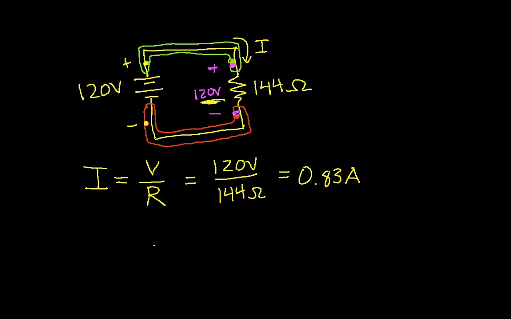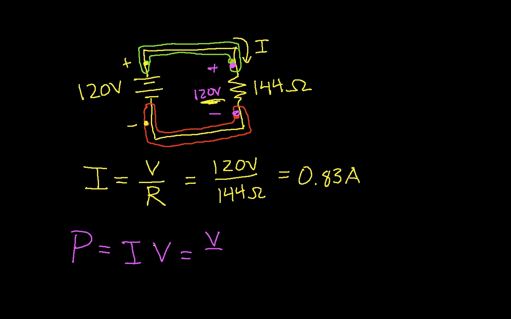We can also find power in resistors. And so we'll use this same circuit to do that. You'll recall from the video on power or other sources, power is the current times the voltage. Okay, but we know in a resistor, the current is the voltage over the resistance.